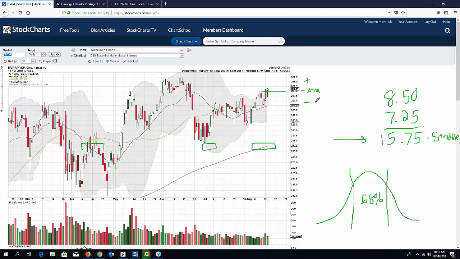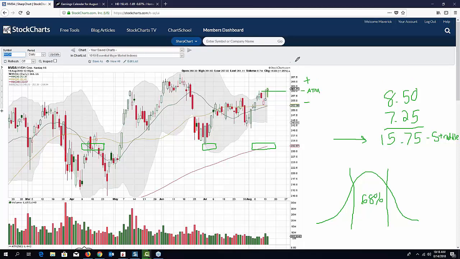And the stock is expected to finish at expiration in that range the majority of the time. So in other words, if the stock's at 260, I'm going to add the straddle, 15.75, and that gives us a total value of 275.75.